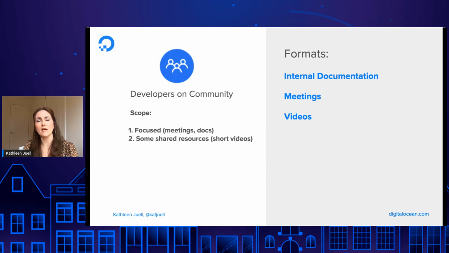So on community, I would say we took a composite approach by combining focus meetings and internal documentation with some video resource sharing, so some of those Munch and Learns that I mentioned earlier. We also created a local Docker environment to look at how our stack was behaving locally.